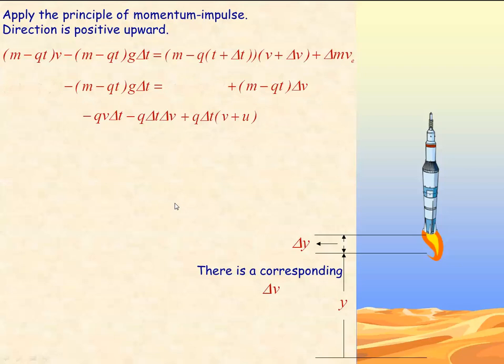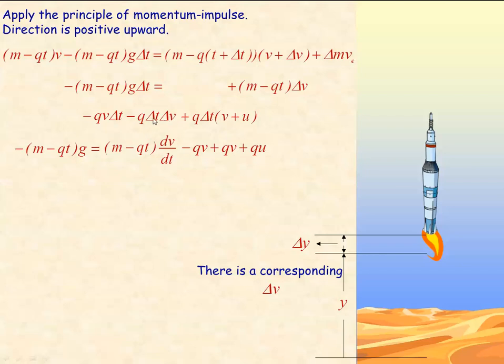When we expand some more, we have (M minus QT) times G right here. Notice that all these are delta terms, so we're going to divide through by delta T and take the limit as delta T approaches 0. That's why the delta T is missing right here. So the first term over there is (M minus QT) times dV/dt, and then we get a minus QV from right there.